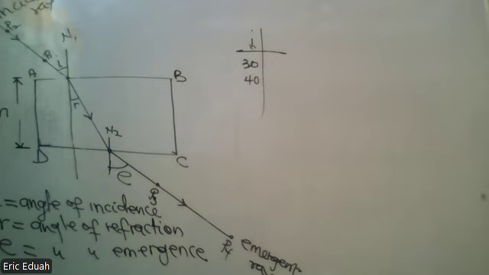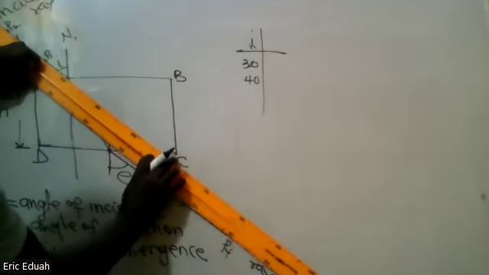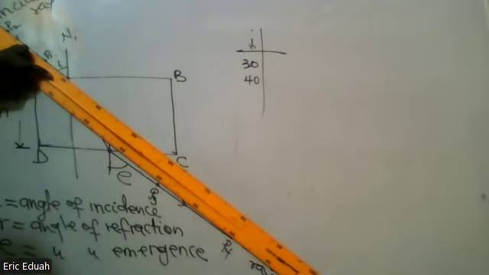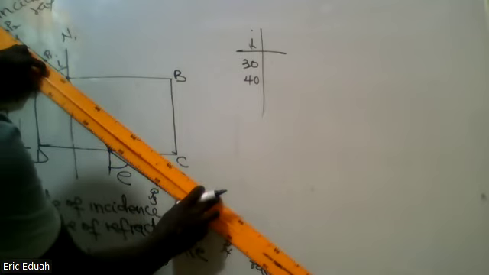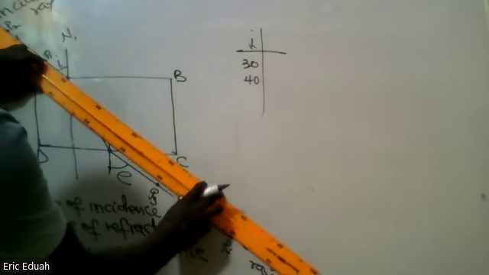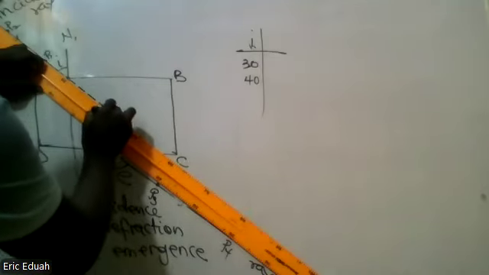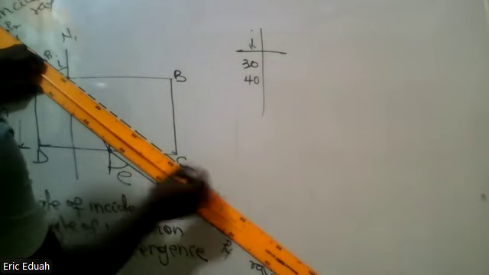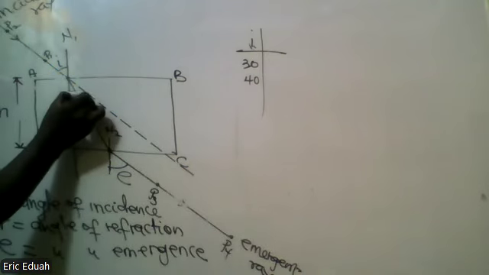Ideally, the incident ray is supposed to be straight, but due to the fact that light travels from air to glass, the path is deviated. So when you extend the original path, this angle, what name do we give to this angle?